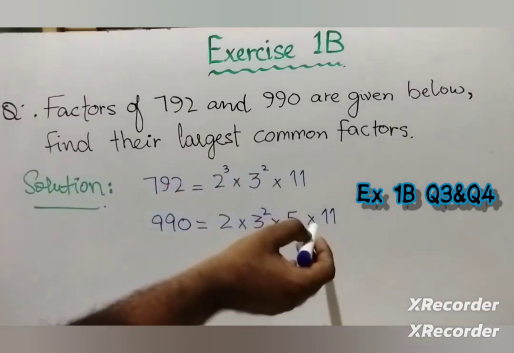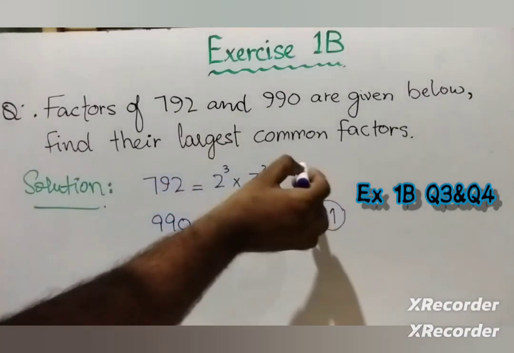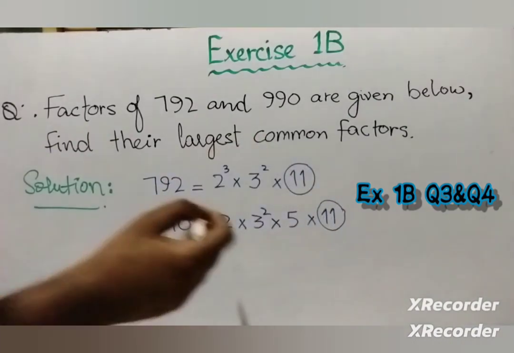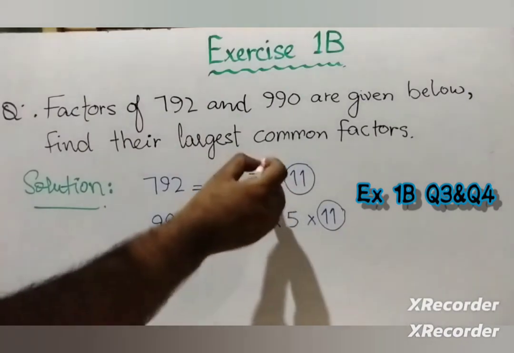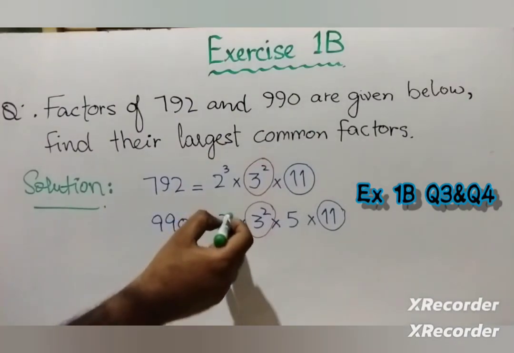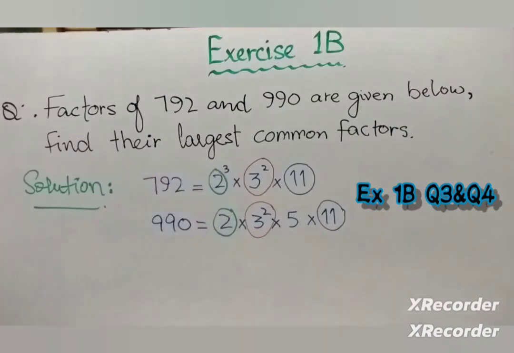We just need to identify the common factors: 11, 3 square, and only 2, not 2 cube.